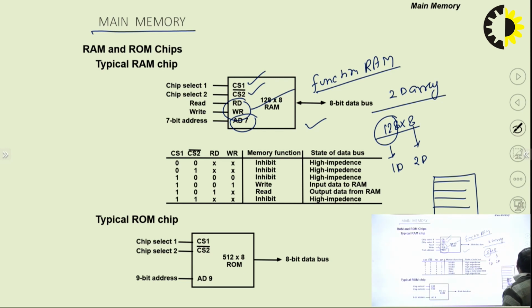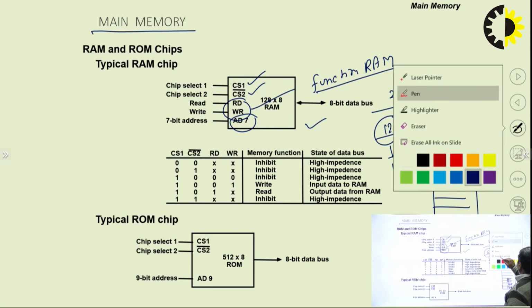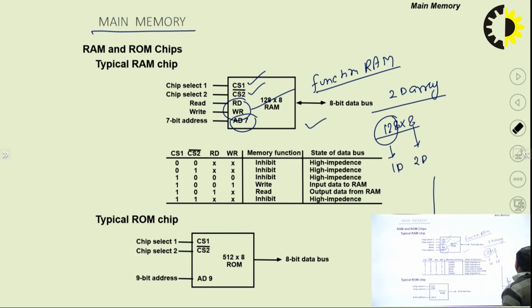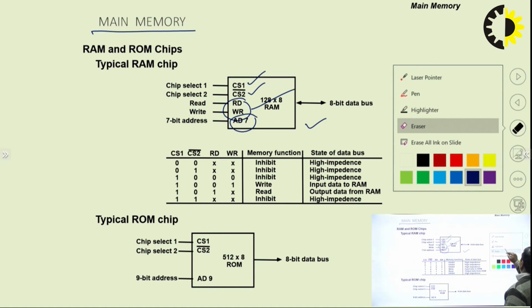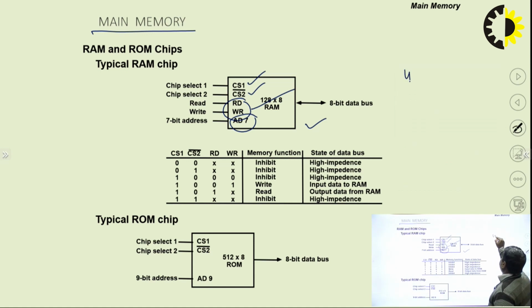Similarly, if the size of the RAM is 4K cross 8, what is the meaning of this? It means in this memory 4K blocks are available, and in each block 8-bit data is stored.